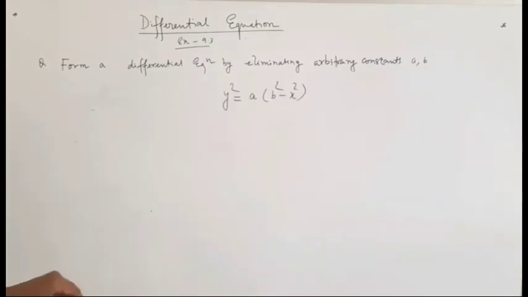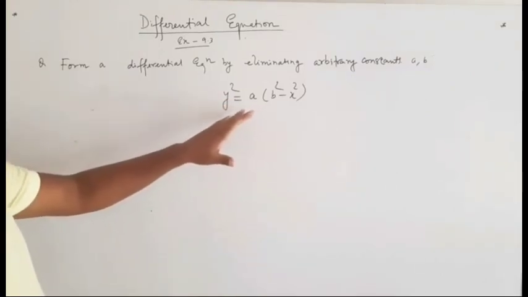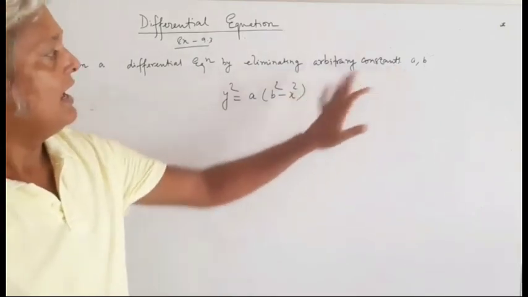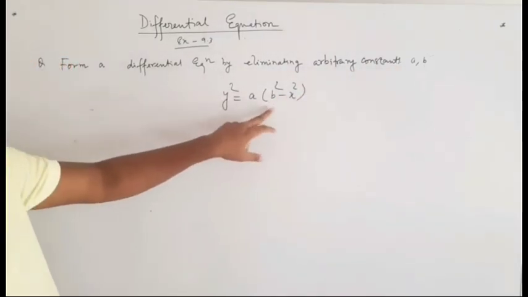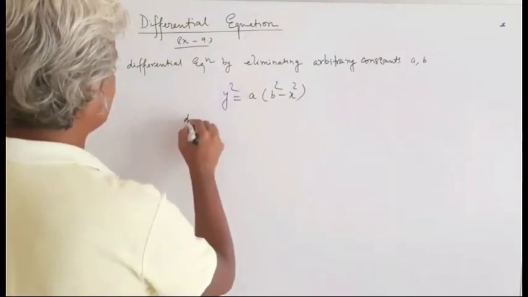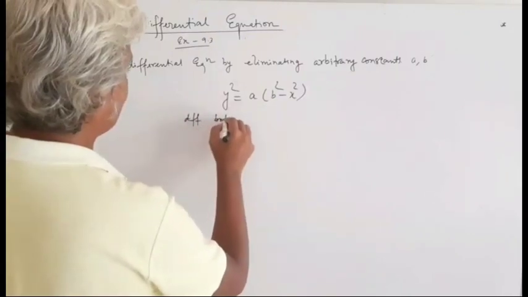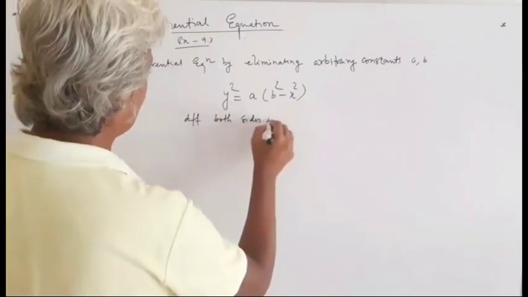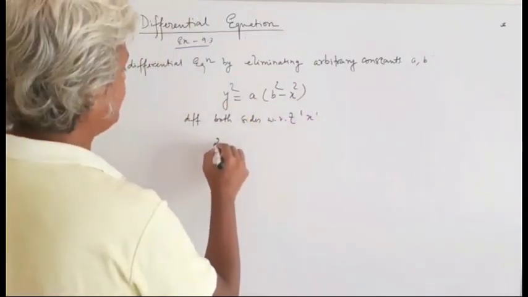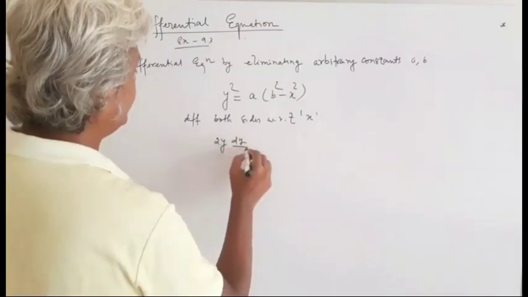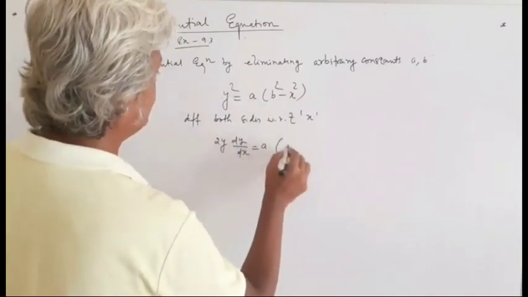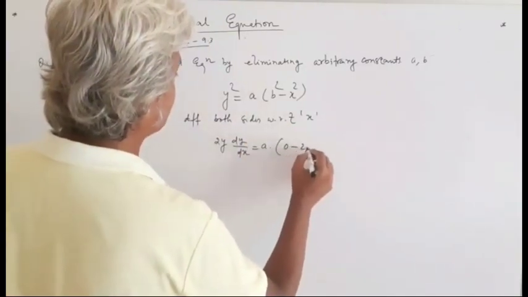Example. Now we have to derive the differential equation by eliminating the variables a and b from the equation y square is a times b square minus x square. Differentiating both sides with respect to x, the differentiation of y square becomes 2y dy over dx, and here a is constant, and the differentiation of b square is 0, minus 2x.